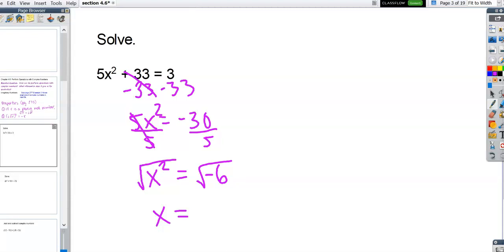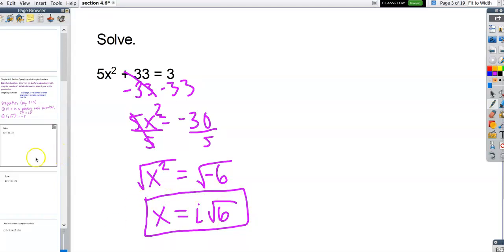Now we're going to change that a little bit. We're going to put the number i in front of our square root, then write this as square root 6. Six doesn't contain any perfect square factors, so we can't simplify the square root of 6 anymore, but just like with square roots that we've looked at before, you still have two solutions. It's positive and negative, i times square root 6.